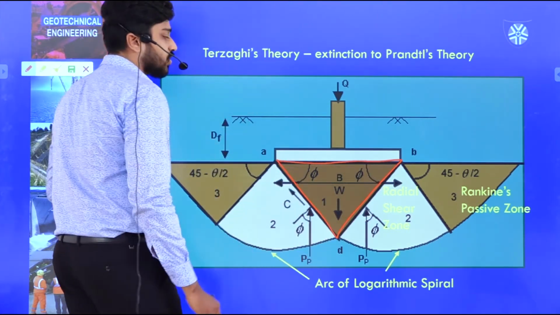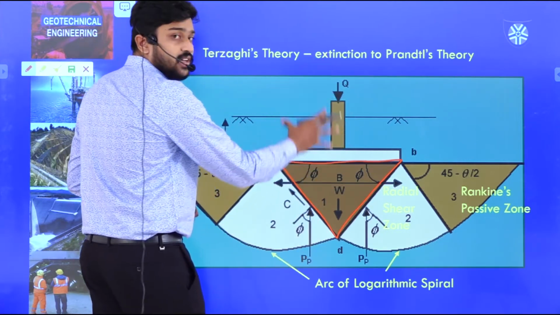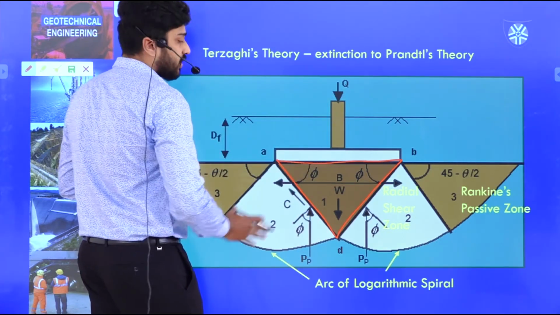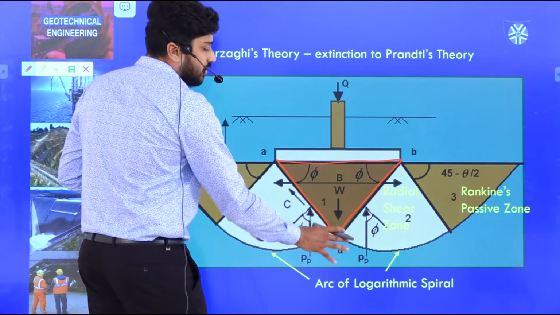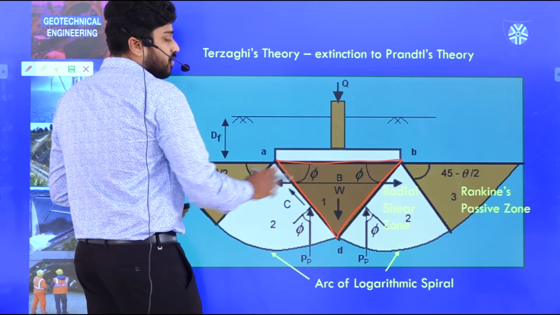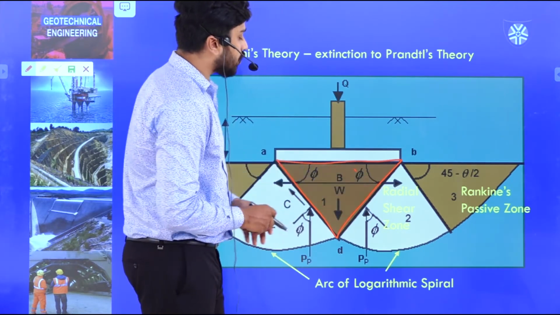This is my zone 1 now, and it is completely due to the surcharge loading. Since the foundation base is rough, it is considered as a single load coming down, and because of this pressure exerted, there is another zone considered.